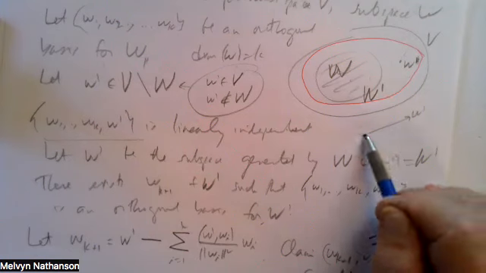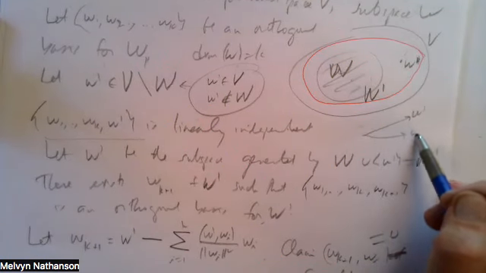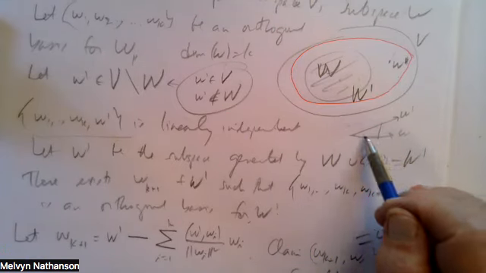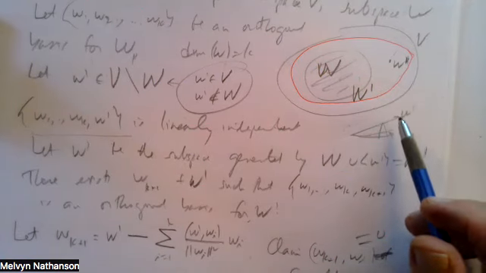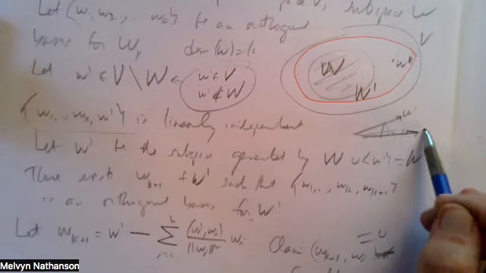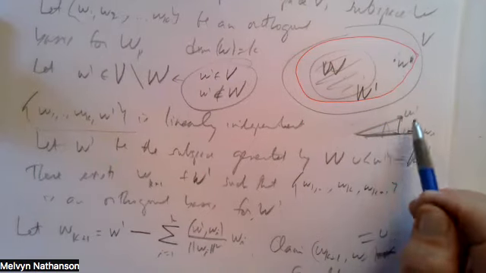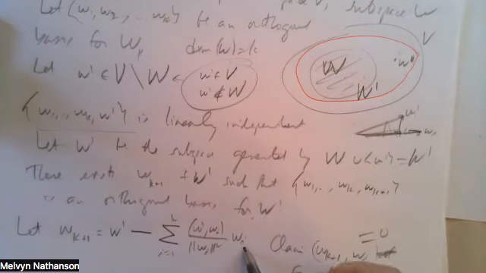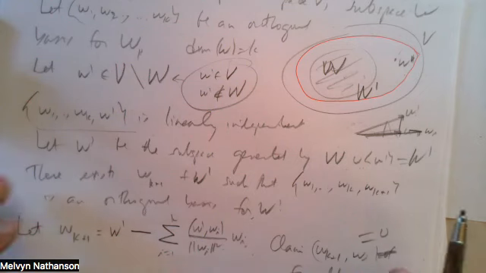Here I have my W prime, and I have different vectors Wi, like W1. Here's the component of W prime with respect to W1. You have to really understand what's going on to draw the picture, but when you can, you see that you have W prime, you have a vector Wi, you have the component of W prime parallel to Wi, you subtract that off, and you do that for all the vectors in the K-dimensional basis, W1 up to WK. And I claim this vector is perpendicular to all the Wi's.